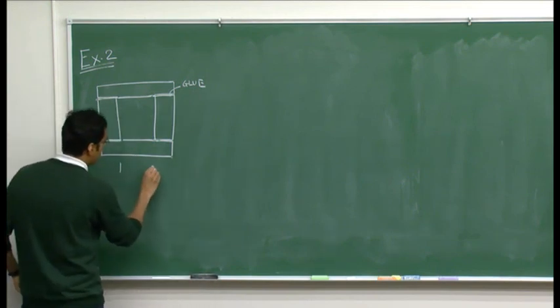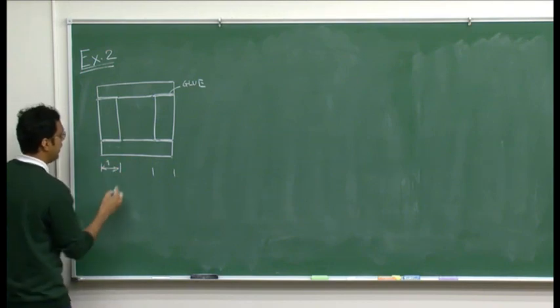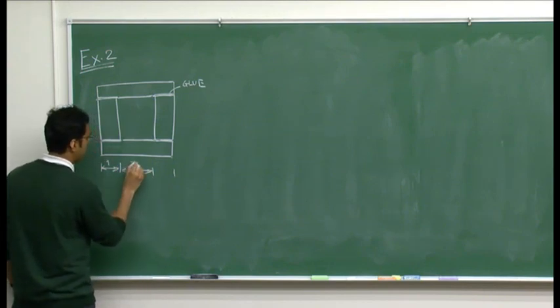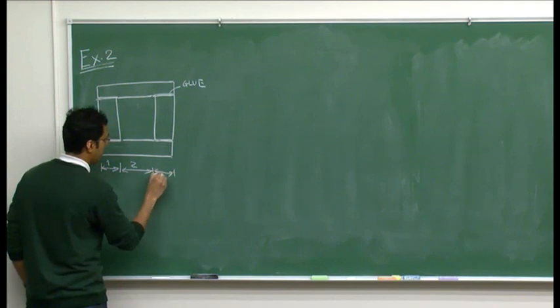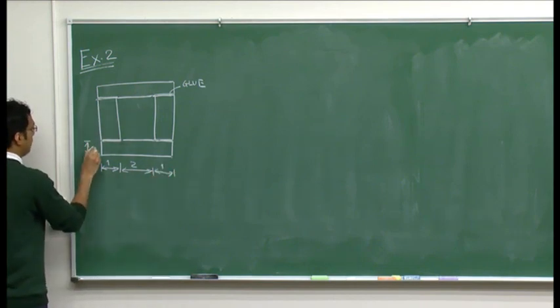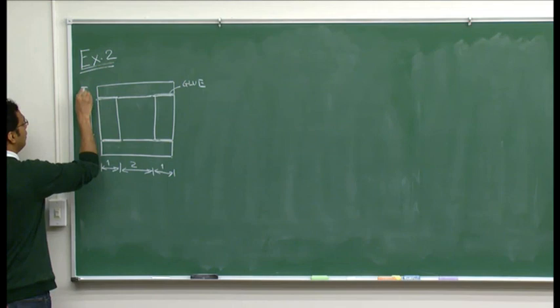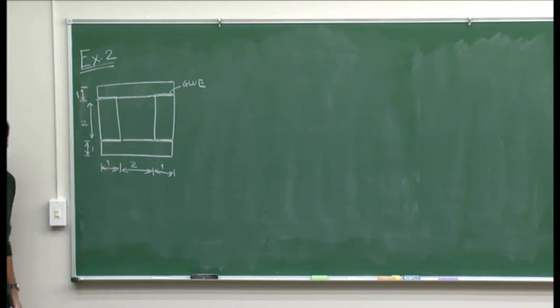And just to put the dimensions in, let's say this is 1 feet, this is 2 feet, this is again 1 feet, and to make the calculation simple, say this is again 1 feet, this is 2, and this is 1 feet. Let me just cross check the numbers here.